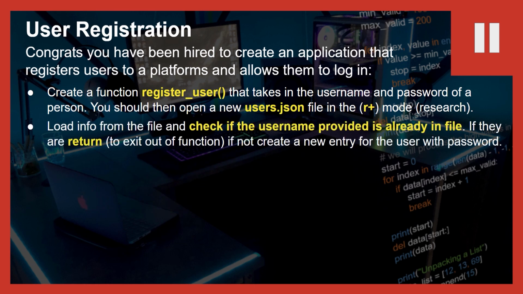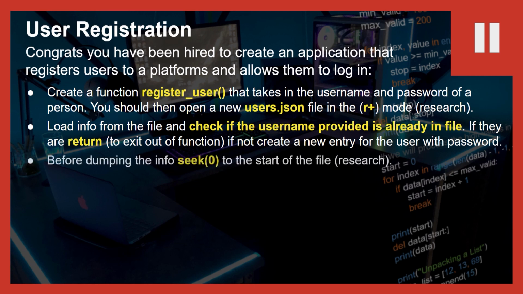Next, you'll need to load information from the file and check if the username provided is already in the file. If they are, return to exit out of the function. If not, create a new entry for the user with a password.